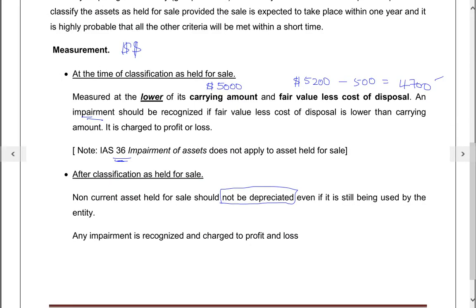Because IAS 36 compares carrying amount with fair value and value in use. This one has nothing to do with value in use, but it's still an impairment. Charge the impairment, you can put it in admin cost or other expenses. Okay. Done.